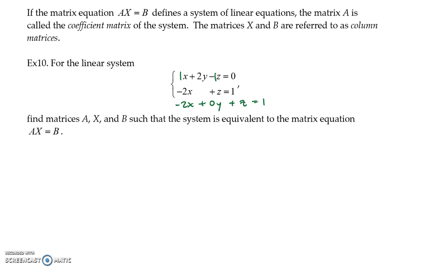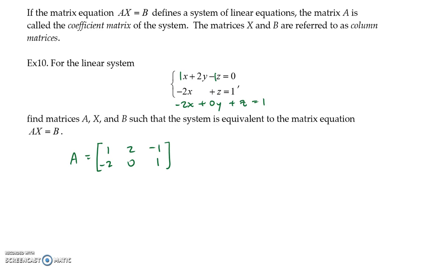So the matrix of coefficients A should be a 2 by 3 matrix: 2 rows corresponding to the two equations, and 3 columns corresponding to the 3 variables. And we just write the coefficients of the left-hand side of each equation: 1, 2, negative 1, negative 2, 0, 1.